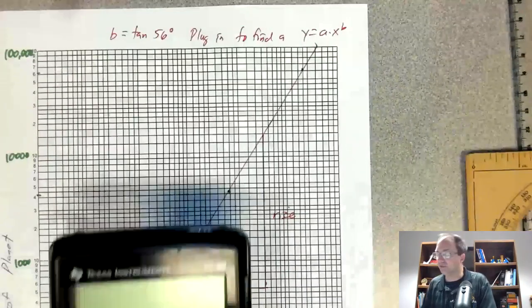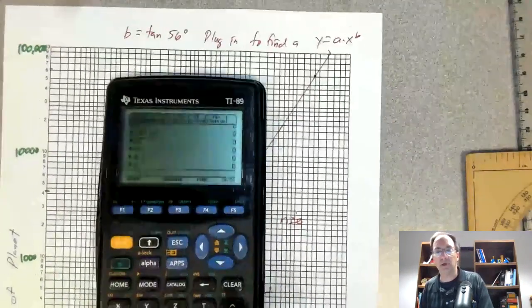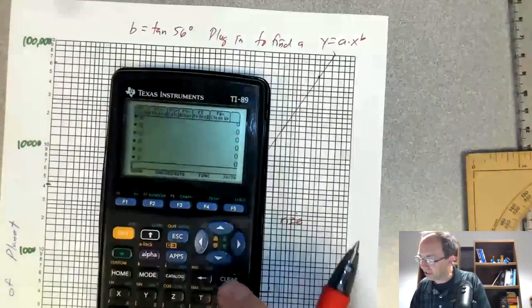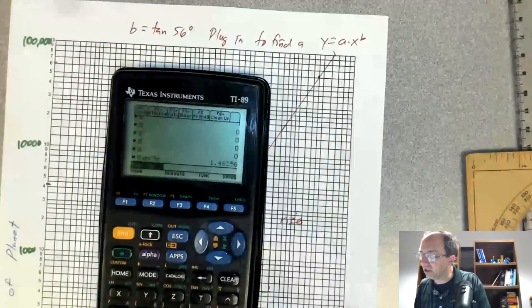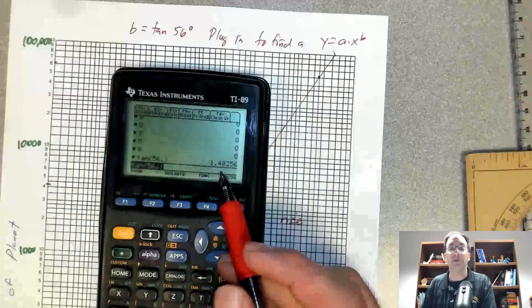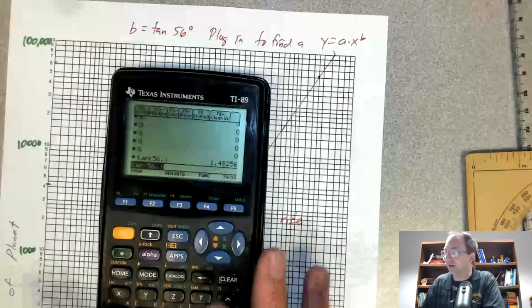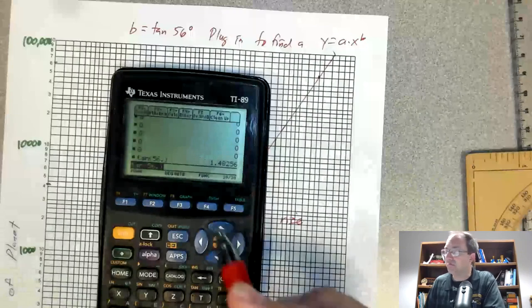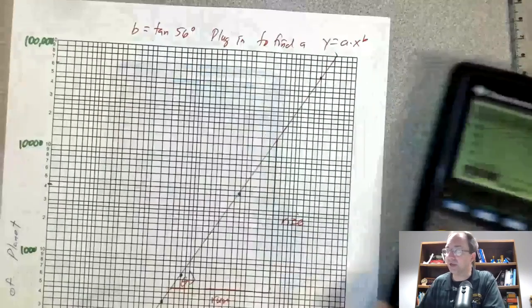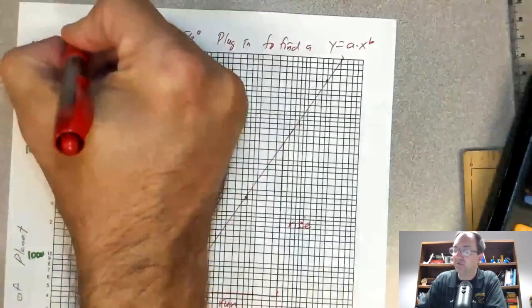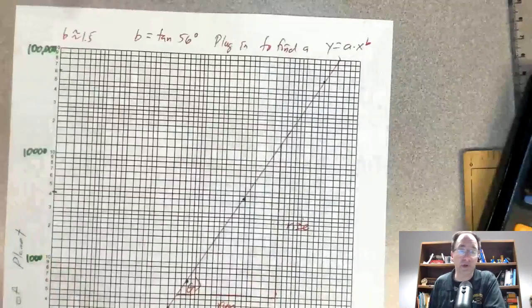But let's figure out tangent of 56 degrees first. So the tangent of 56 degrees is, and sure enough, we get about 1.48. So again, the accuracy of something like this isn't going to be perfect, but at least to one decimal place, we get B is approximately 1.5, which is what we wanted for Kepler's law anyway.